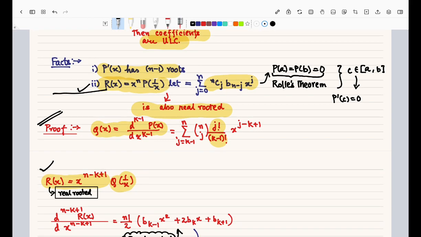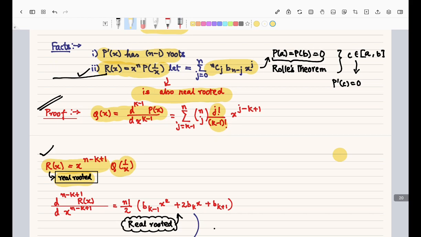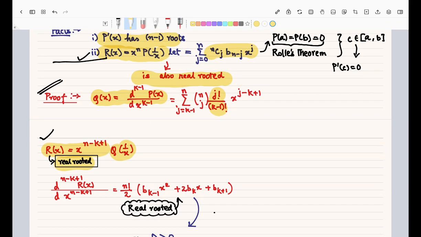Now Rx is a real rooted function, obviously, as stated in the fact, right? Now when you differentiate R of x, you write R of x in the following terms and then you differentiate it to the n minus k plus 1 term. When you differentiate this R of x, it just becomes a quadratic. A bit surprising, right?